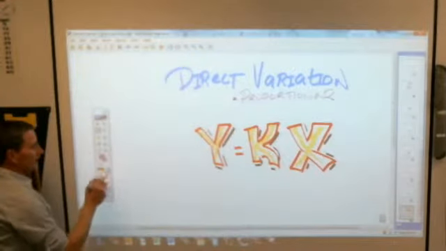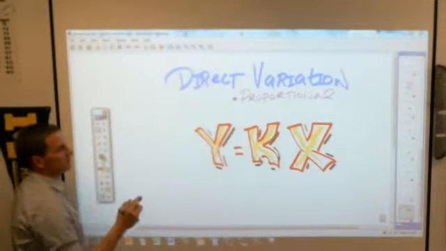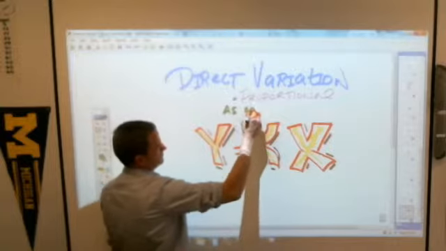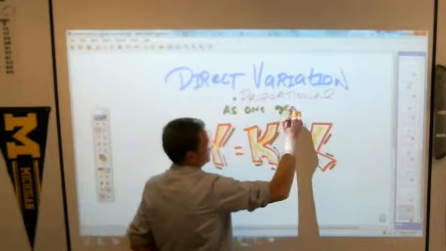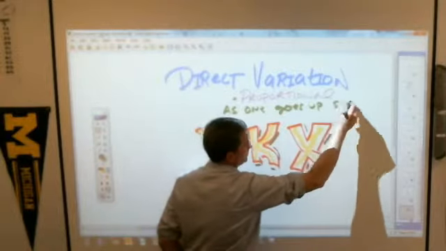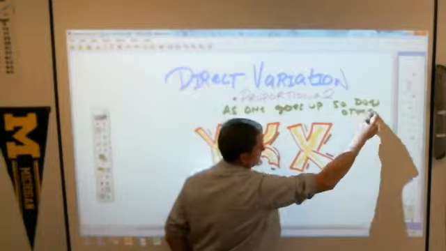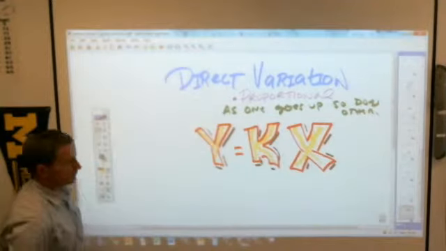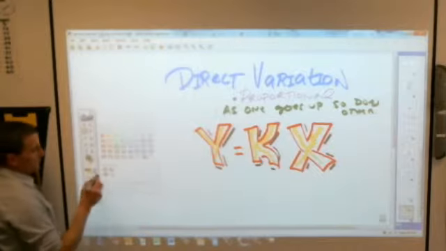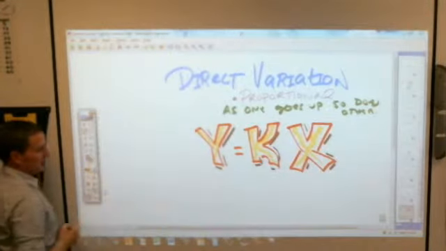Which, if you break it down to its simplest form, just means as one thing goes up, so does the other. And really, let me give you an example, and then maybe it'll make more sense.